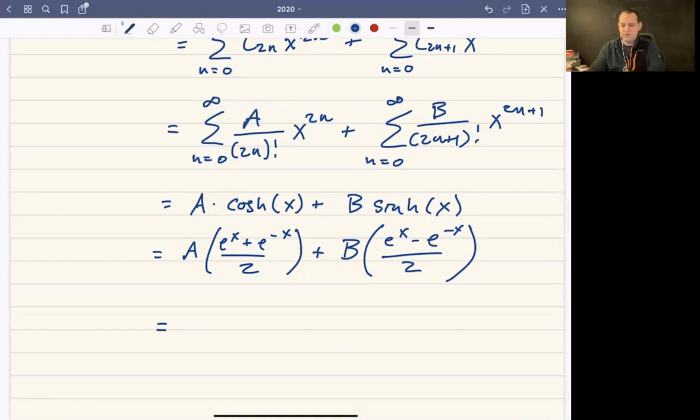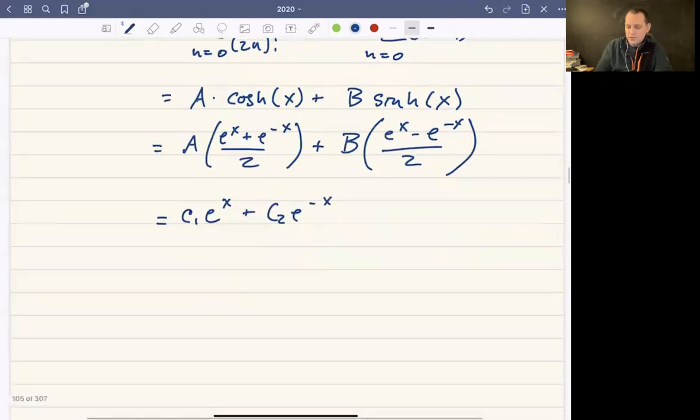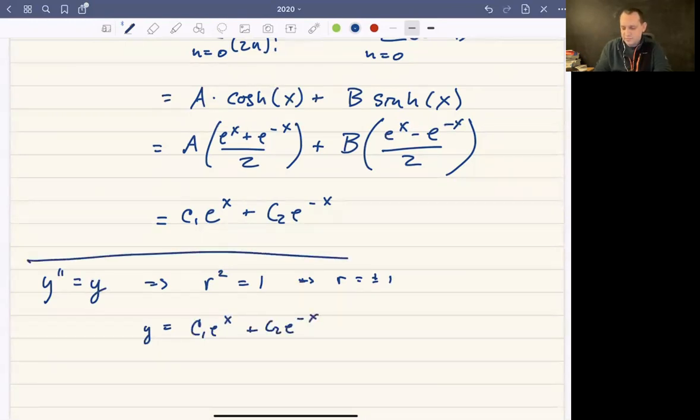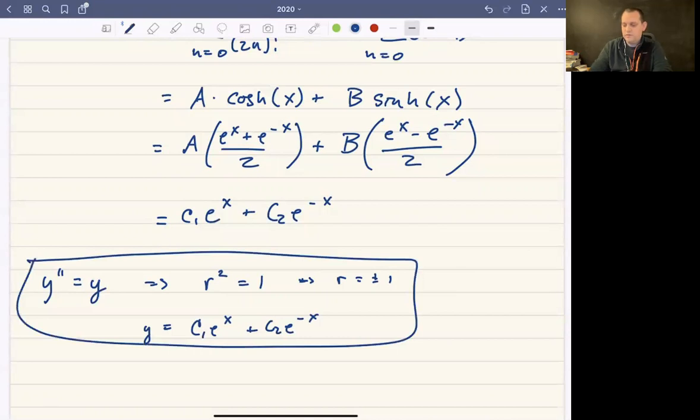You get e to the x terms, e to the negative x terms, and you get some constant times e to the x plus another constant times e to the negative x, which is, if you think about it, what we should have known about 10 minutes ago, because this involves solving the characteristic equation r squared equals 1, which has solutions r equals plus or minus 1, and therefore your solutions are c1 e to the 1x plus c2 e to the negative 1x, right? So this is the better way to do it, but hopefully with power series, this introduces the idea, and these are not too painful of examples.